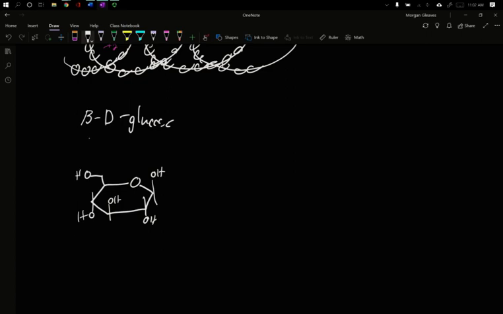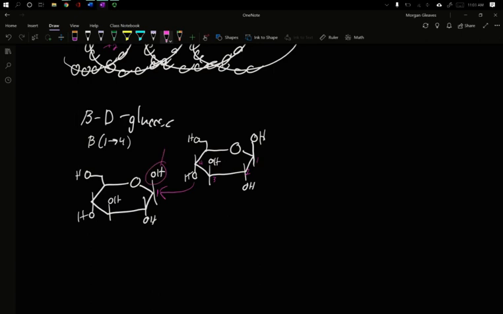If you do a beta 1 to 4 for D-glucose, well, our second monosaccharide is going to look the same, but carbon 1 on the ring and carbon 4 on the ring, we're going to connect them. That alcohol is going to attack the anomeric carbon, push out the other OH.